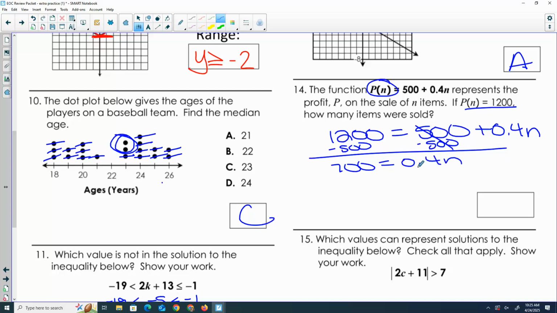Then what would we do? Opposite of multiplying is dividing, so we divide by 0.4. And use your calculator, 700 divided by 0.4 is 1,750.